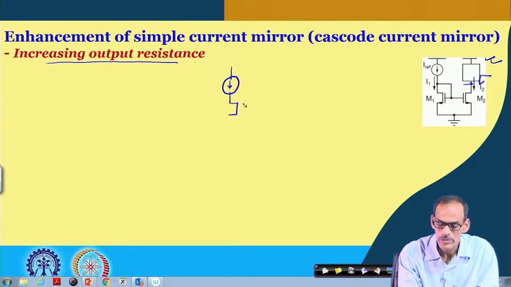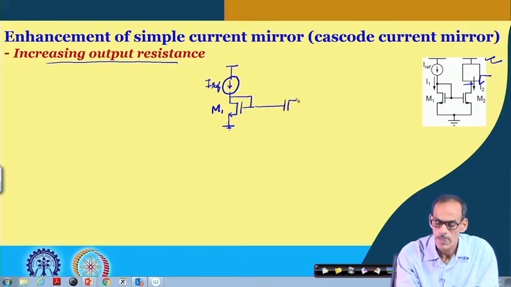So, M1 and its connection remain the same. We have I reference here connected to the supply voltage, and then we have M2, and then we have the application circuit here, but in between we like to place one transistor, keeping of course both the transistors.